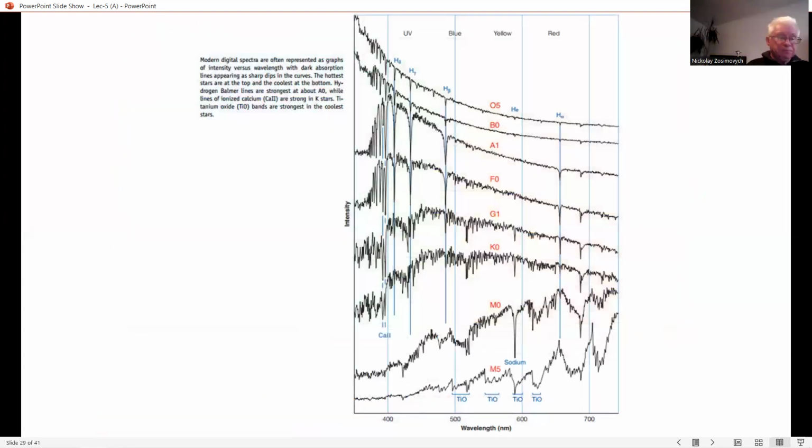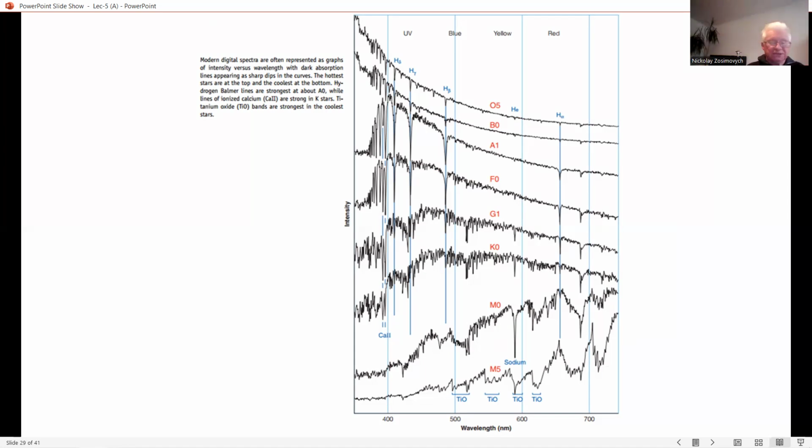Also, these spectra are attractive, but astronomers rarely work with spectra as color images. Rather, they display spectra as graphs of intensity versus wavelength that show dark absorption lines as dips in the graphs.